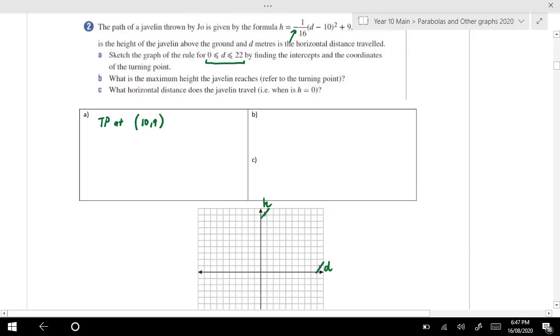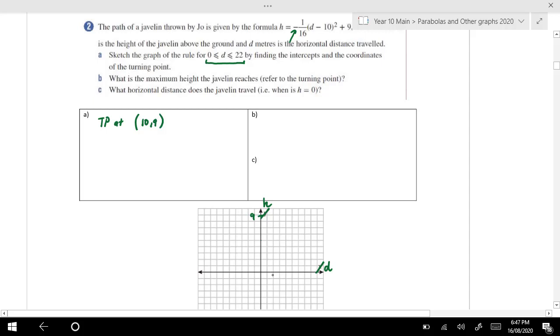Let's go ahead and do that. So let's go up 1, 2, 3, 4, 5, 6, 7, 8, 9 is up here. And let's go up in 1, 2, 3, 4, 5, 6, 7, 8, 9.